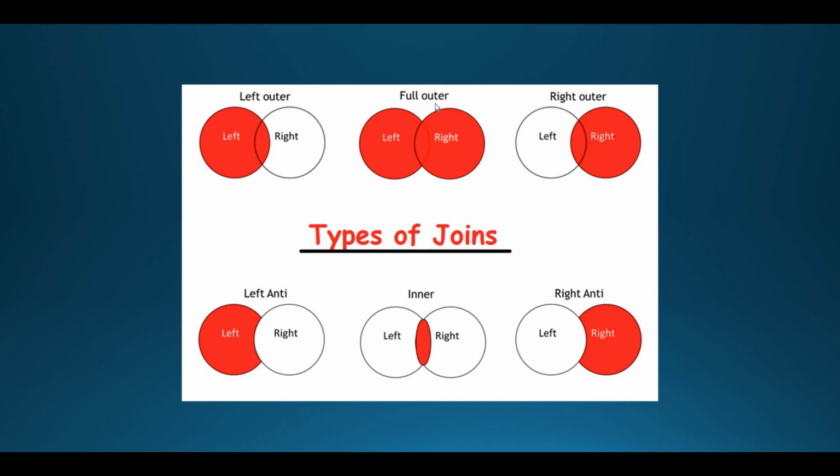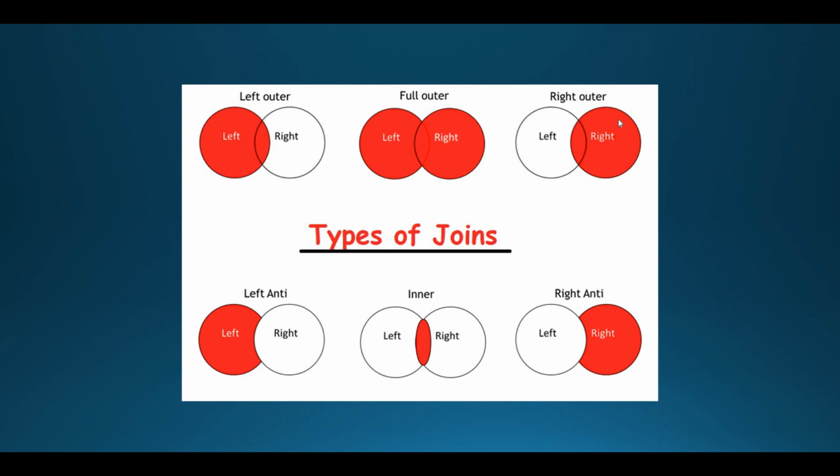Let me explain right join. This is nothing but right outer join, or sometimes you get it as right join, both are the same. In the previous section we have seen the left one, where all the records come from the left table. In this case all the records are coming from the right table.